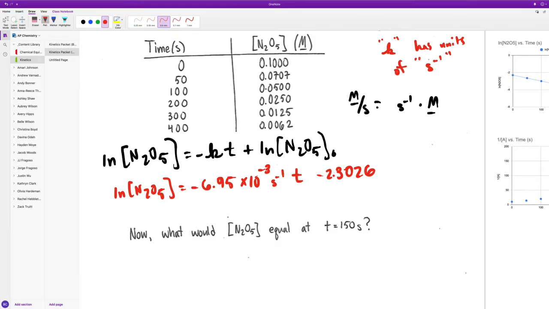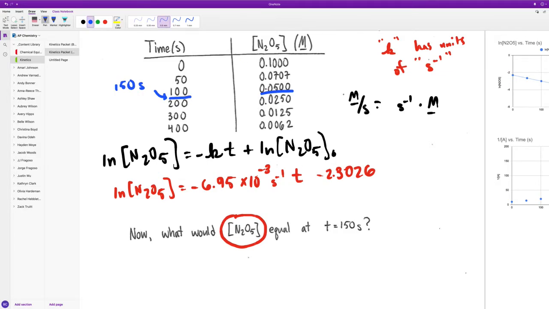So we can solve for the concentration of N2O5 at t equals 150 seconds. 150 seconds would fall right in here. Somewhere between those, we'd have a concentration. Now it's tempting to take a number exactly in the middle of 0.05 and 0.025, but you can't do that because this data is not linear.